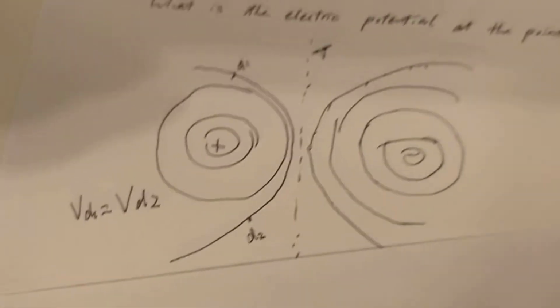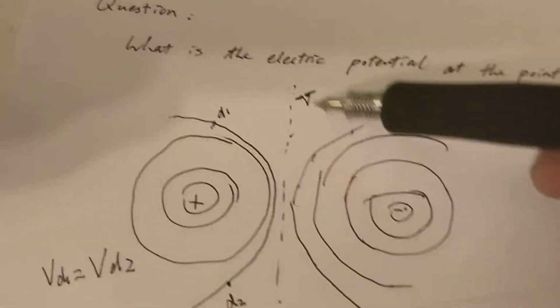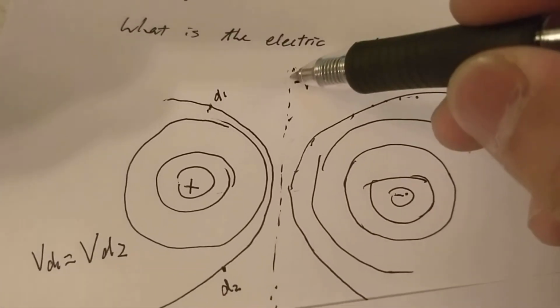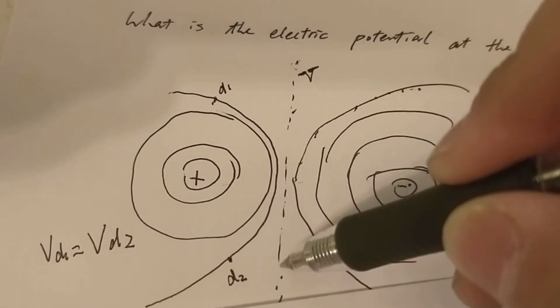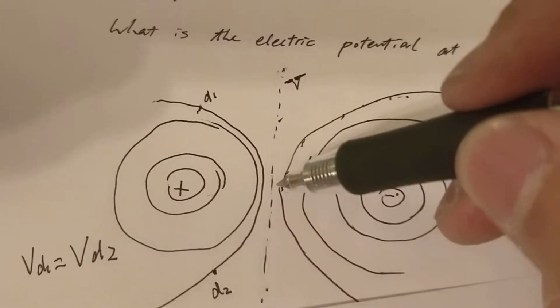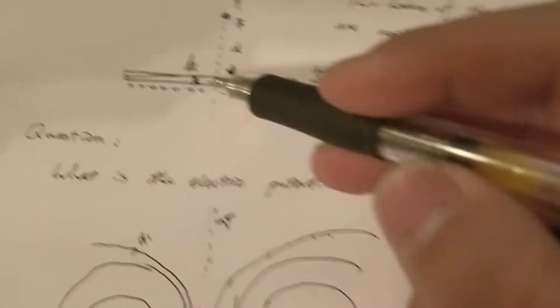So we are trying to figure out the electrical potential at this invisible line, which is exactly in the center of the rod.